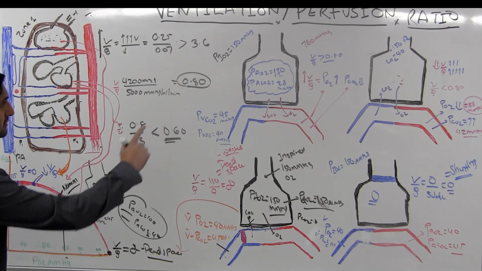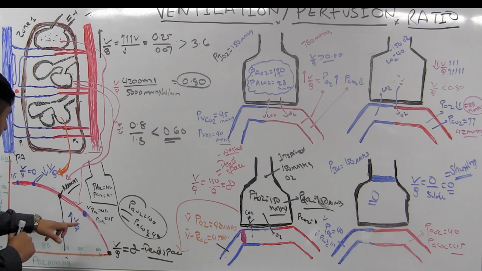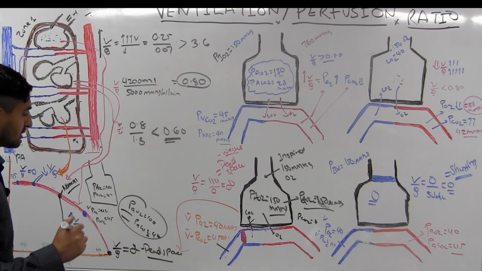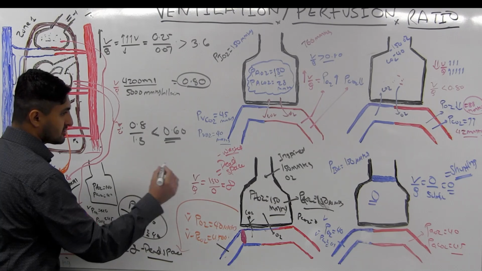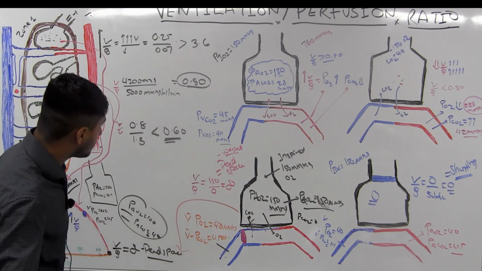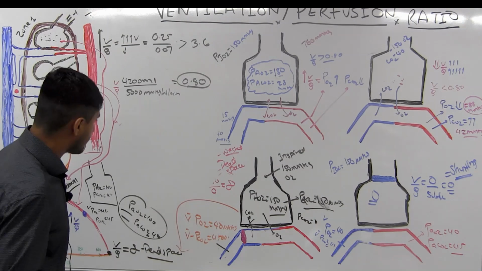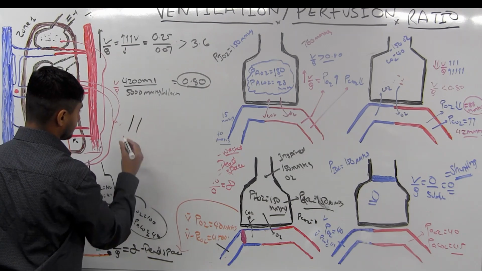Now after this, let me quickly talk about why low VQ and high VQ are different. The difference between shunting and VQ mismatch is, look guys, let me erase this and we'll talk about it. Let's make two alveoli right here, okay?